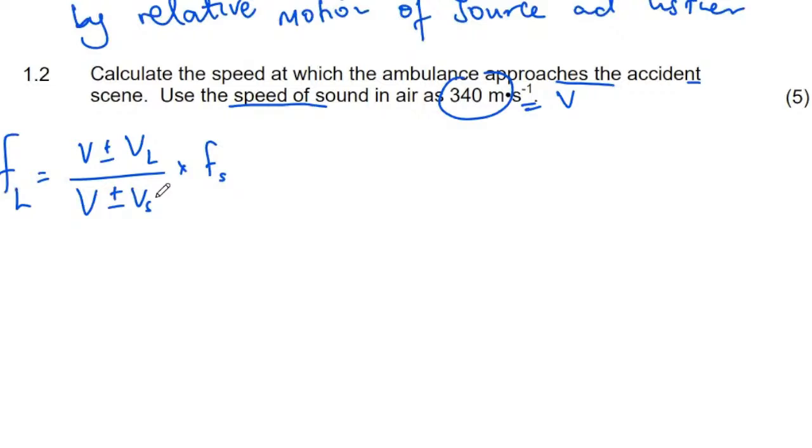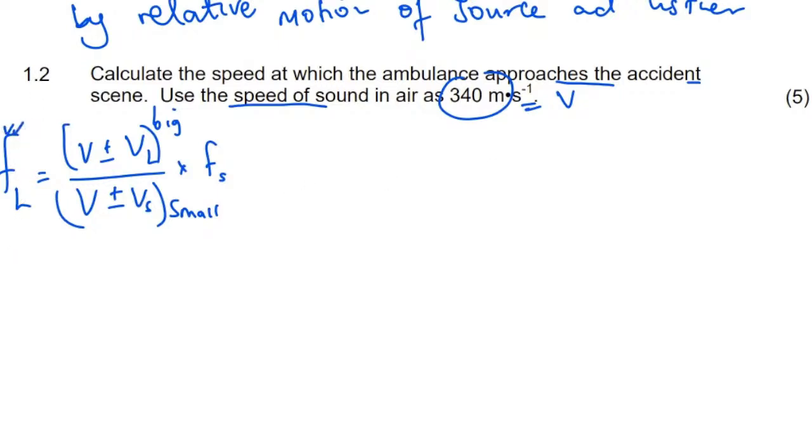Since the ambulance is approaching, the top part is going to be big, the bottom part is going to be small, because we want the frequency to be more. The frequency that will be received is going to be high.